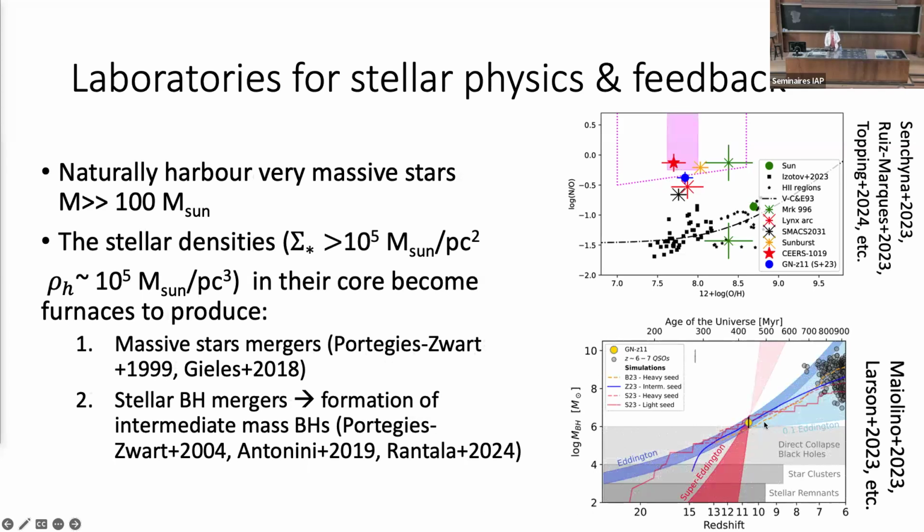And of course, I know this plot is a bit tailored to GN-z11, but what I like about this plot is that it shows that globular clusters could be a channel for the formation of all the AGNs we are seeing within galaxies.